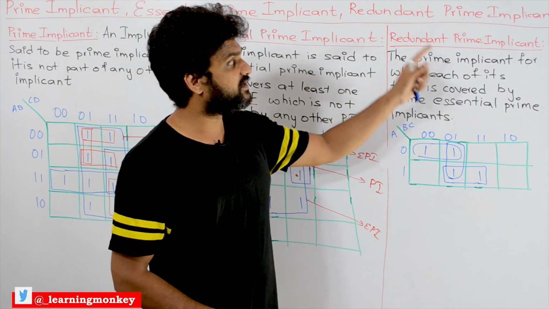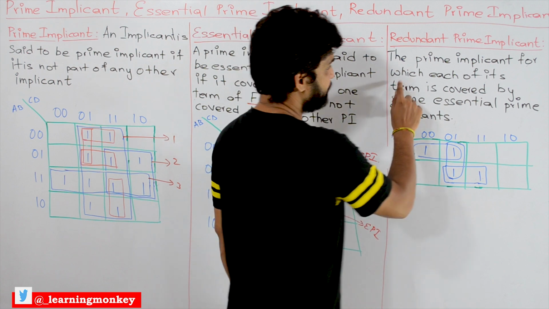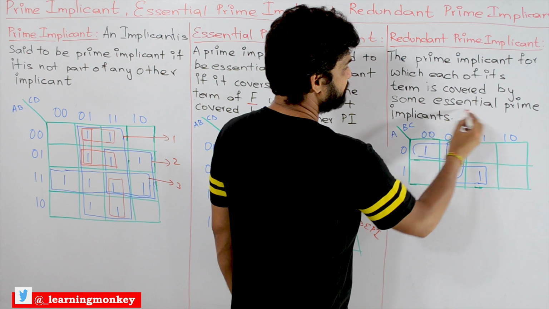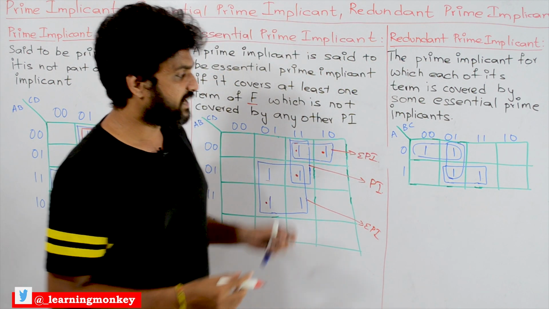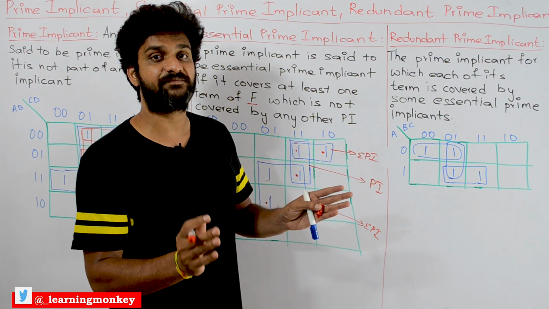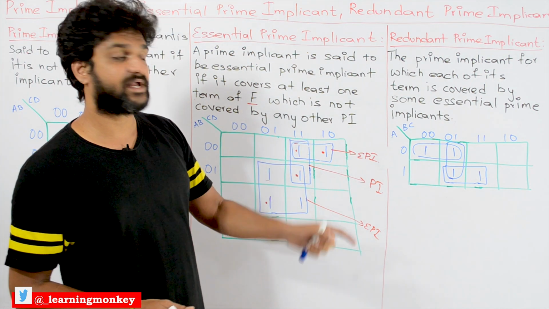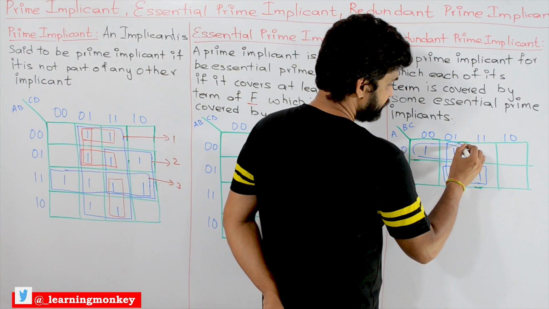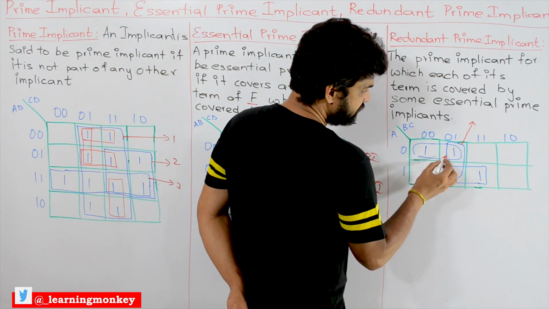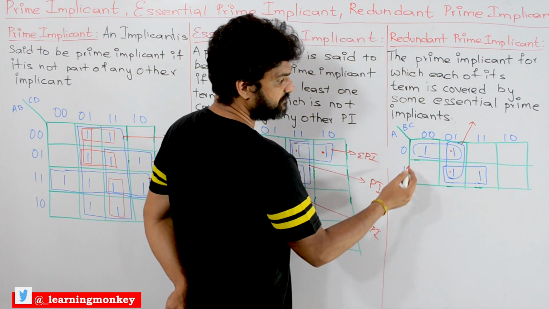What is meant by redundant prime implicants? A prime implicant for which each of its terms is covered by some essential prime implicant is called a redundant prime implicant. For example, if you take this implicant, the terms in it are covered by other prime implicants.